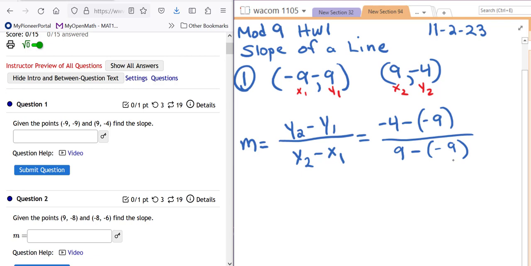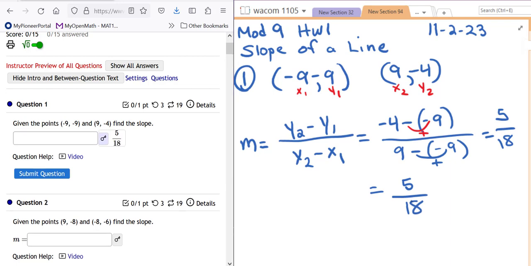All right, and now we just have to clean up. Remember, your minus and negative is going to turn into plus. So this one gives us -4 plus 9, which will be a 5. And this will give a plus, so we should get 5 over 18.